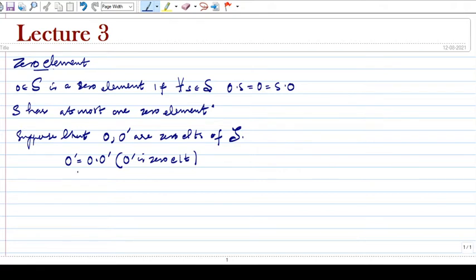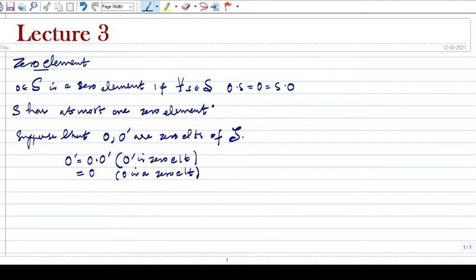But you also know that 0 is a zero element, then 0 times 0 prime is again going to be 0. This is because 0 is a zero element. It's the same technique we used in the case of identity. That is, 0 prime equals 0. That is, the zero element is unique if it exists.